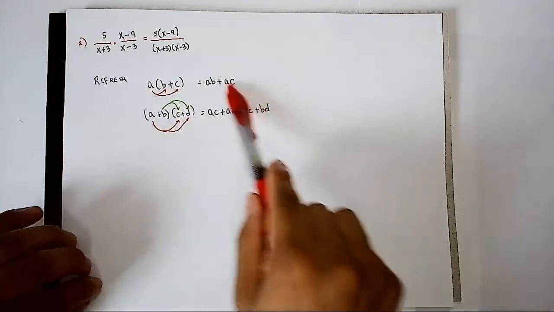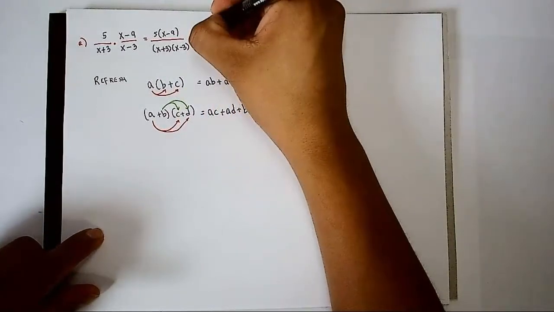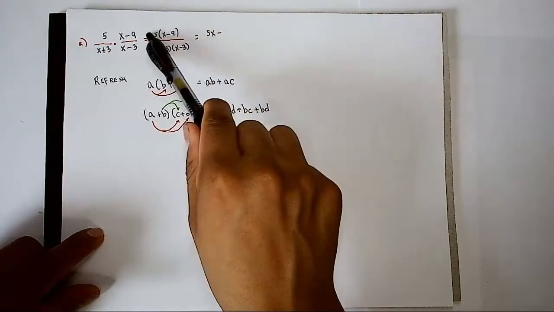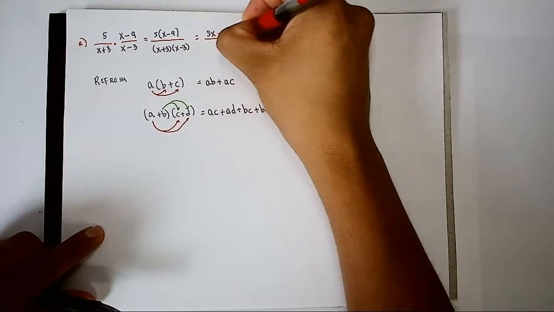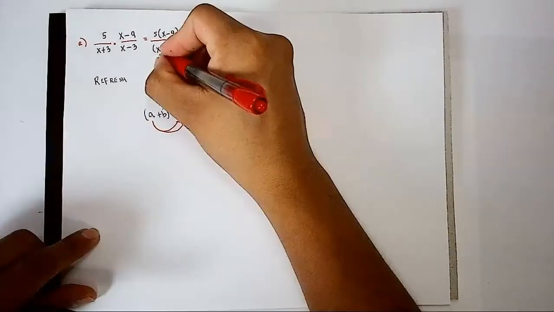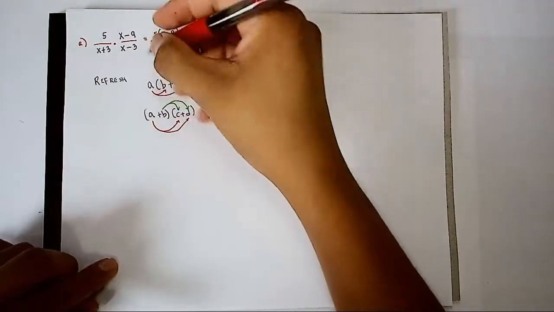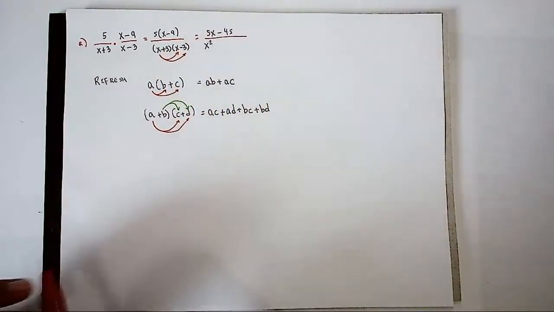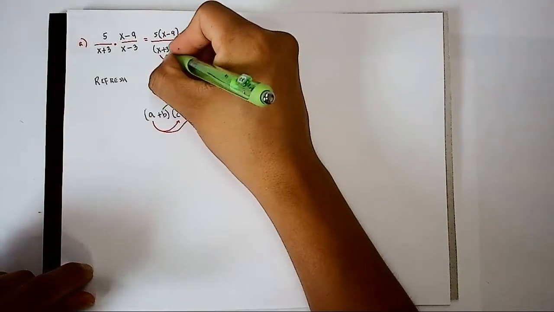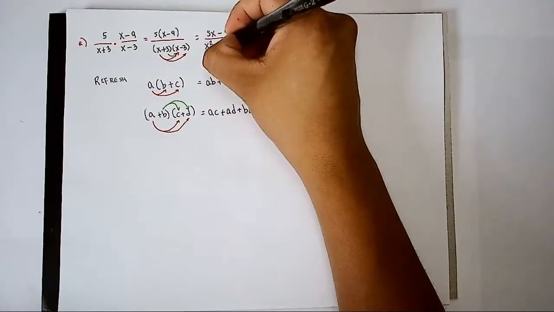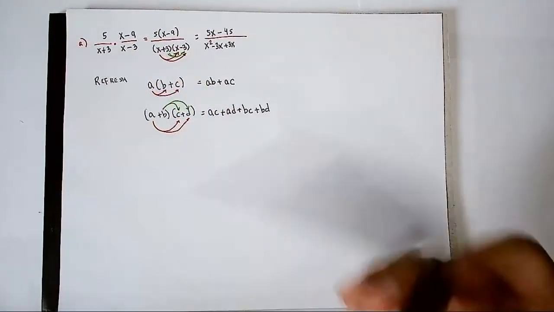Now let's apply these properties here. So this is equal to 5 times x minus 5 times 9, which is 45, over x times x, which is x squared, x times minus 3 is minus 3x, 3 times x is plus 3x, and 3 times minus 3 is minus 9.